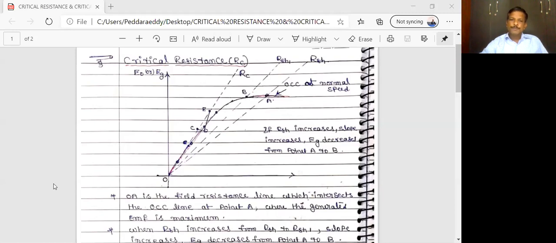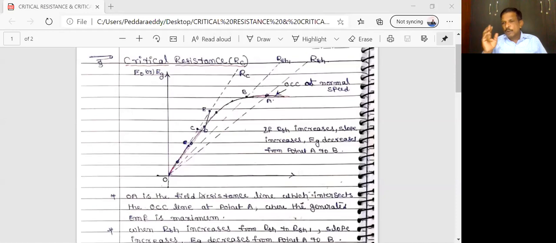Okay, so in this way, the EMF is induced step by step up to rated value. This curve is called open circuit characteristic curve, OCC curve. And this line is called RSH. Here RSH means resistance of the field.